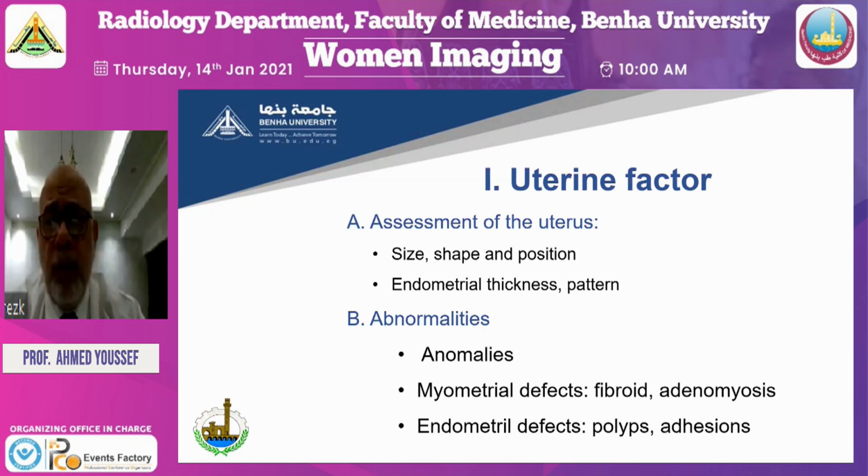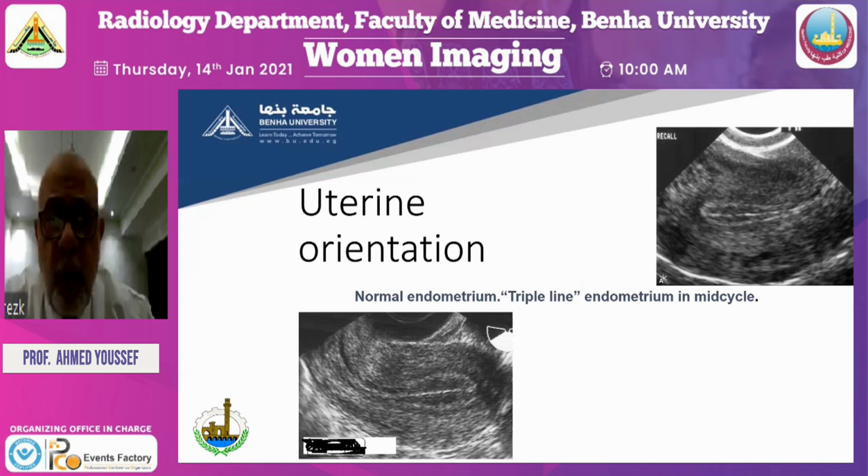So for uterine factor, assessment of the size, shape, and the position, and the endometrial thickness, and also the anomalies as I told. Actually, assessment of the endometrial thickness is very important for us as gynecologists. I am not allowed to transfer embryos in IVF if the endometrial thickness is below 8 millimeters. And also, the endometrial pattern is very essential for us before continuing the IVF cycle.